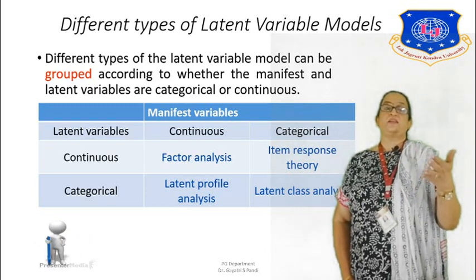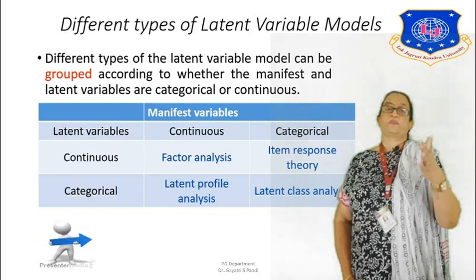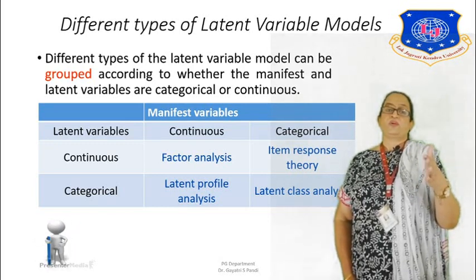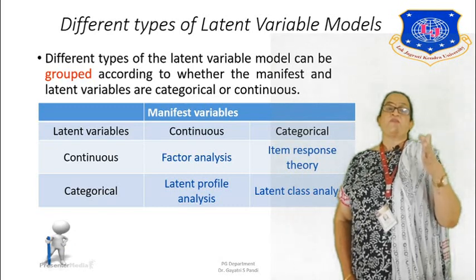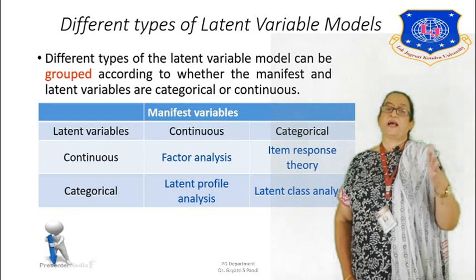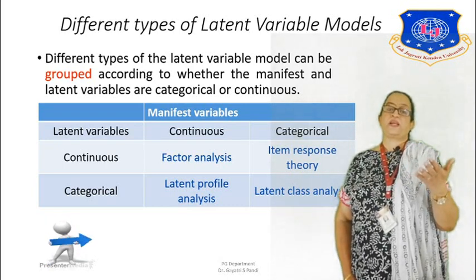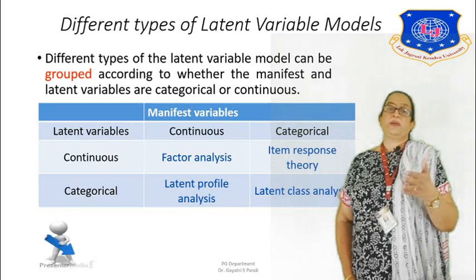If you see the table, you have the latent variables against the manifest variables. If both are continuous, factor analysis is considered. If the latent variable is continuous and the manifest variable is categorical, a specific application like item response theory could be considered.